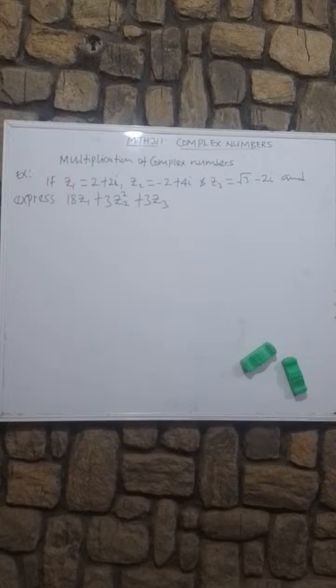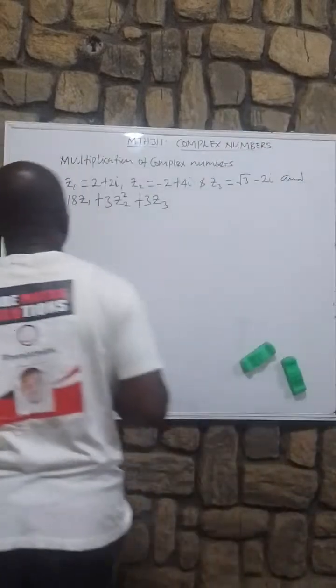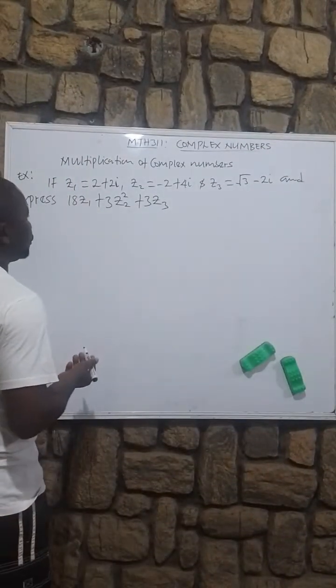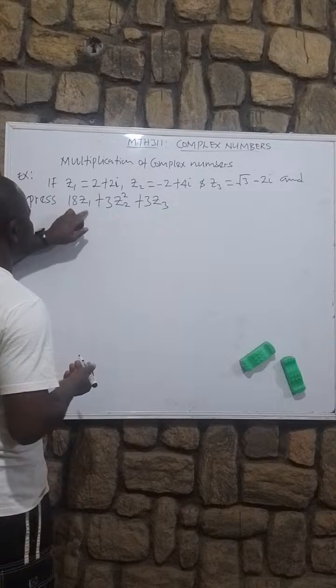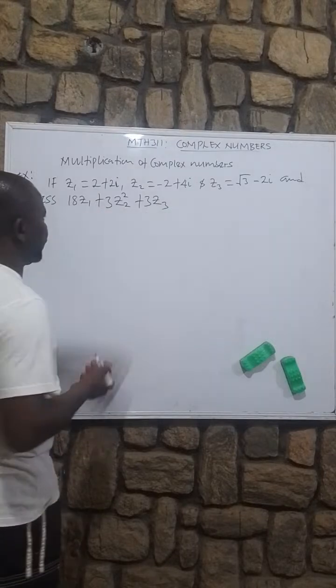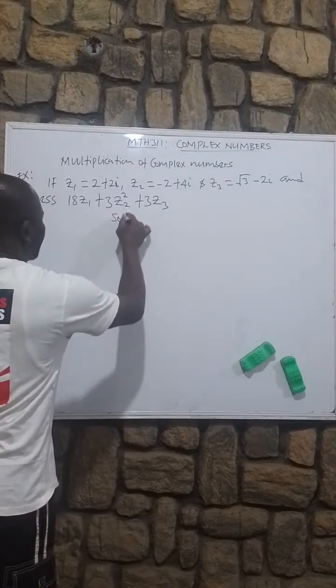Let's begin to solve this. Let's solve this. It's very simple. What you need to do is just substitute in Z1, Z2, and Z3. Write solution.